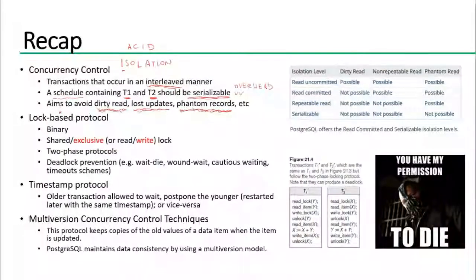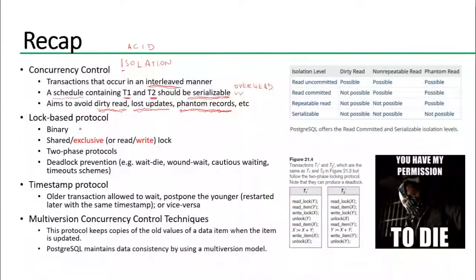What are the approaches for implementing concurrency control? There are several approaches. In the lecture, at least three were mentioned. The first one, which seems the easiest, is lock-based protocols. If you remember from operating systems how you control access to memory or resources, you'll probably be familiar with that.